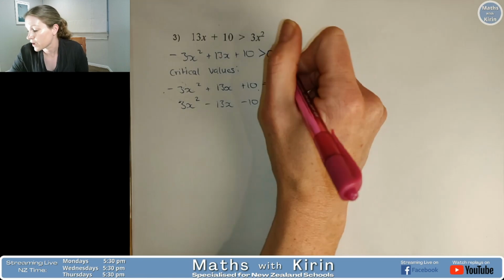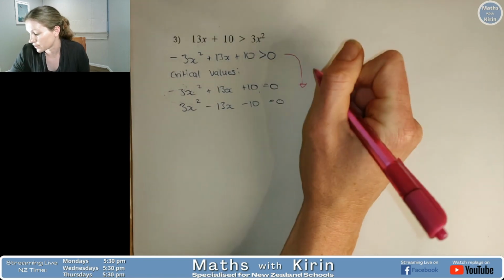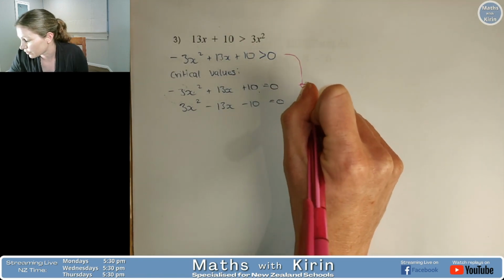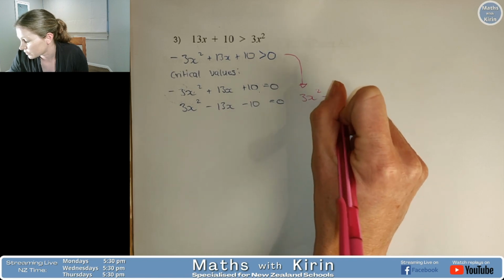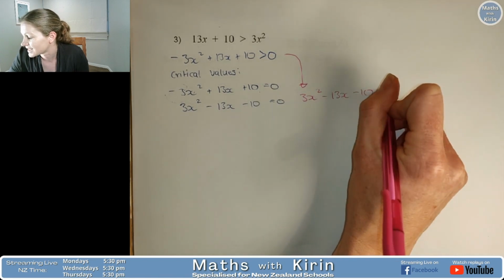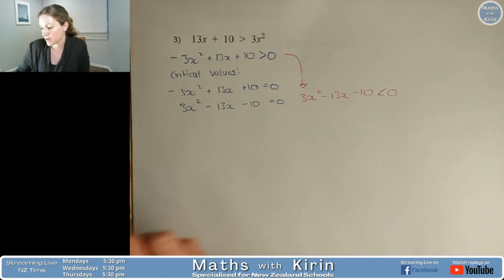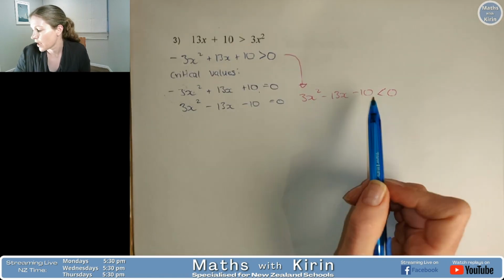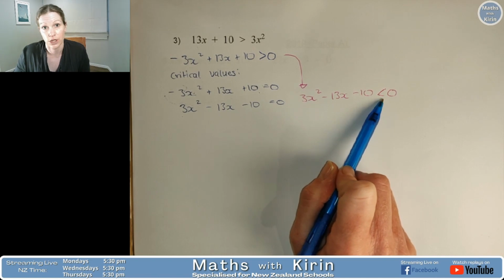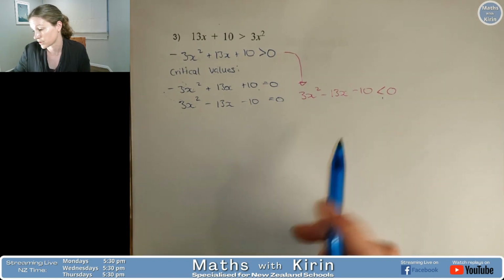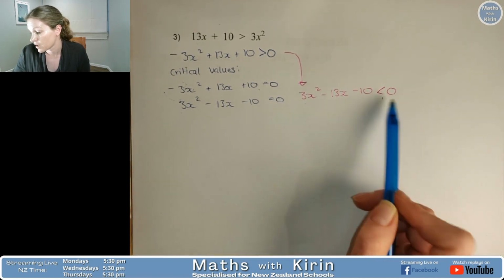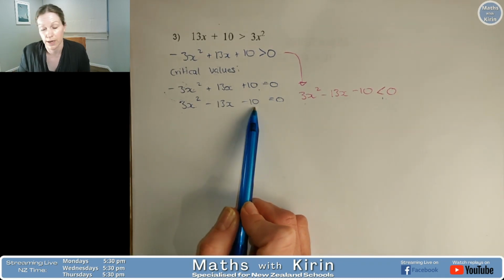Now when we do that, we've changed this inequality, so we've got 3x squared minus 13x minus 10 is less than 0. Because we've multiplied everything through by negative 1, our inequality still needs to reverse, just like it did in those linear equations. So this is now what we're solving.